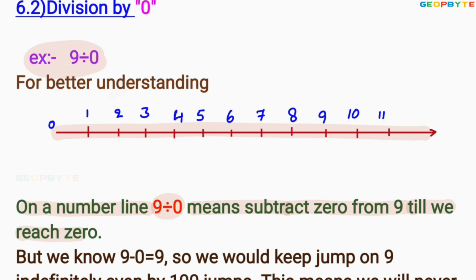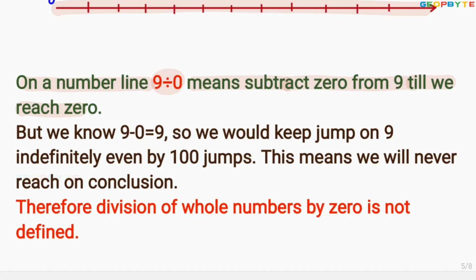But even if you subtract 0 from 9 any number of times, we cannot reach 0. It means we would keep on jumping on 9 indefinitely, even by 100 jumps or 1000 jumps. This means we will never reach a conclusion, that is 0. Therefore, division of a whole number by 0 cannot be defined.